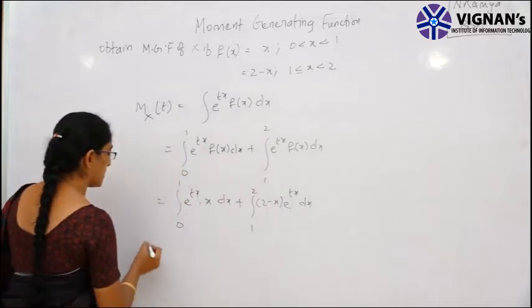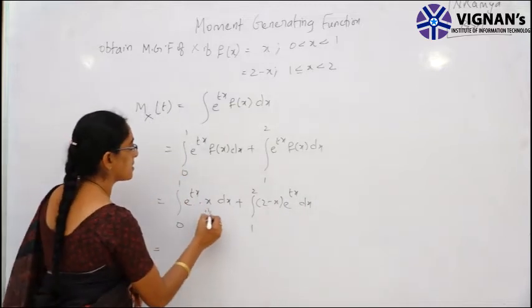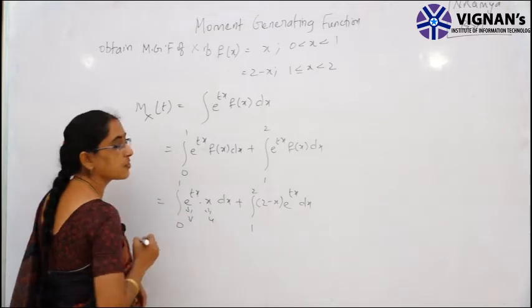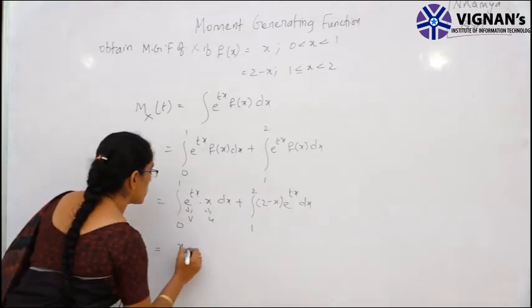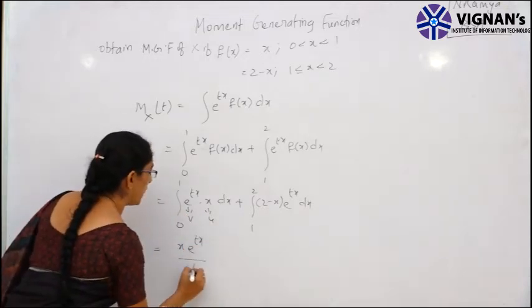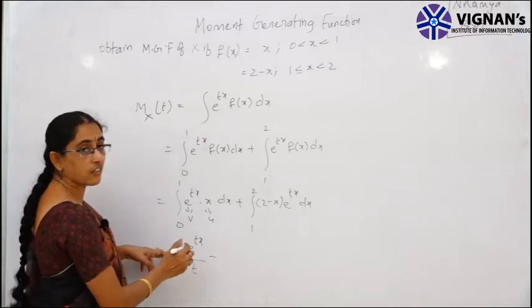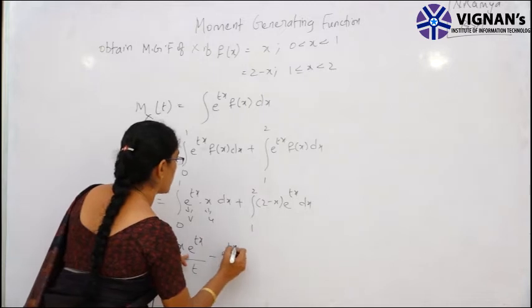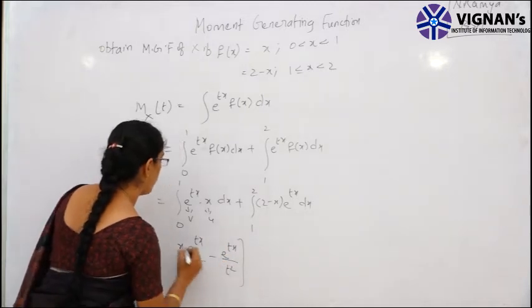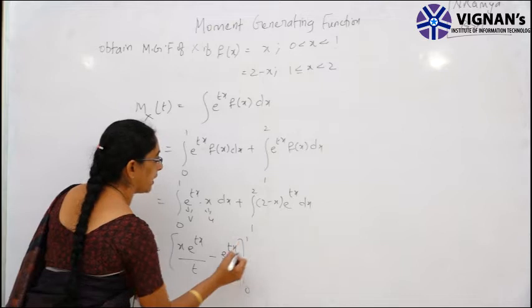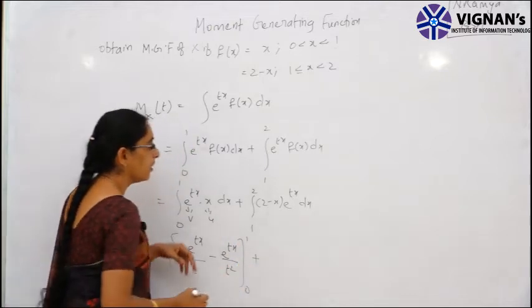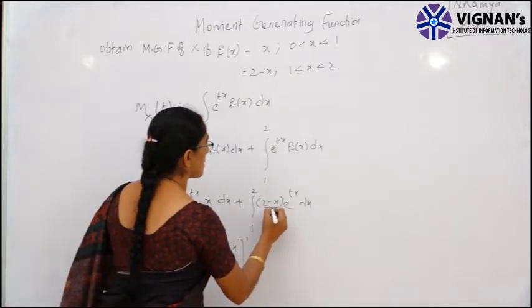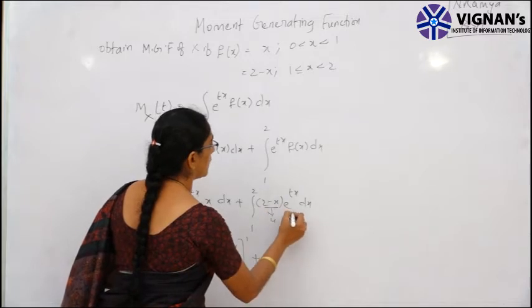Now, integrate this. Again consider x as u and e power tx as v. So, x into e power tx by t minus, differentiation of x is 1, and integral of e power tx by t is e power tx by t square, from the limits 0 to 1, plus, now consider 2 minus x as u and e power tx as v.